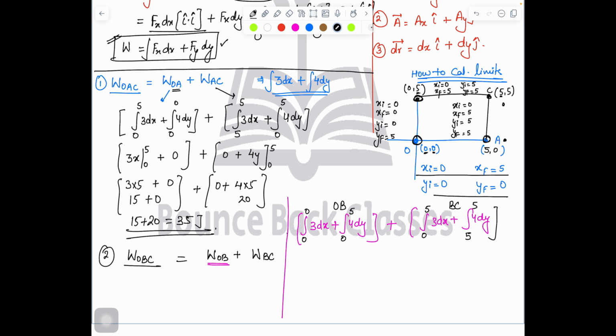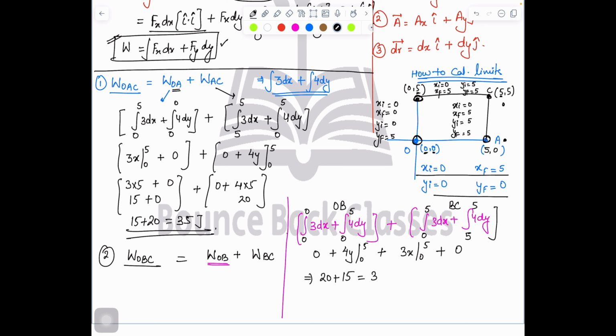Clear? So I told you the same limits are 0, and 4 times 5 is 20. We already solved 4y, limit is 0 to 5, plus 3x, limit is 0 to 5, plus limits are same, result is 0. So we get 4 multiply 5, 20 plus 3 multiply 5, 15.